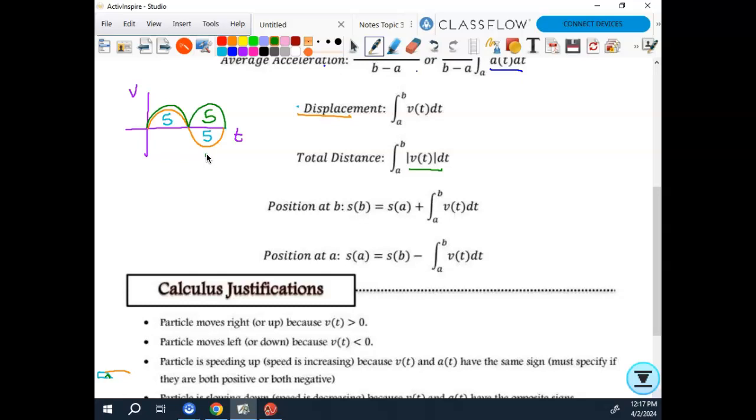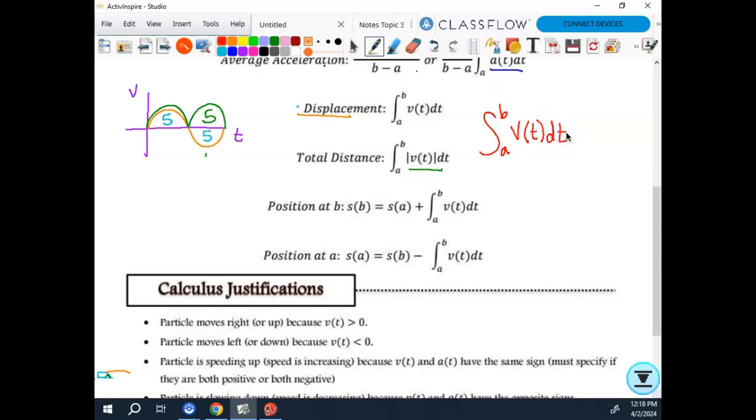That's your difference between displacement and total distance. Okay, make sense? And that's why the absolute value just makes it all positive. Okay? Then remember the fundamental theorem of calculus. If I integrate velocity from A to B, v of t dt.